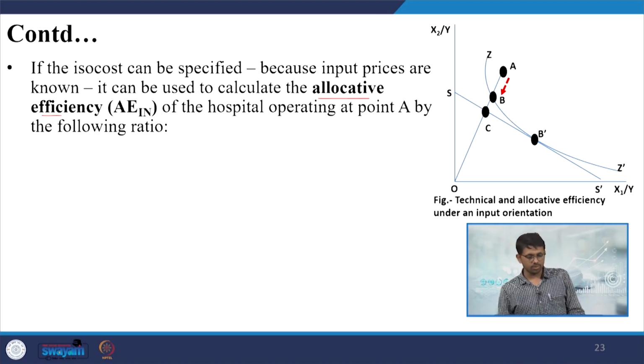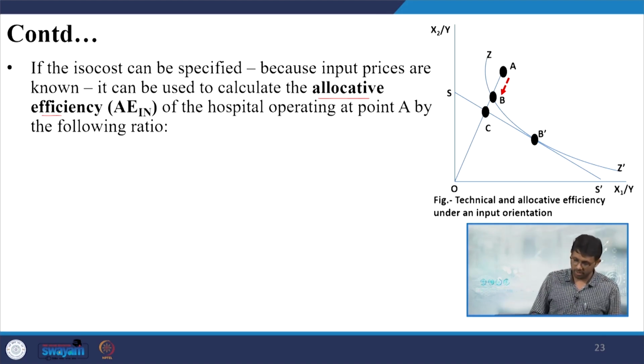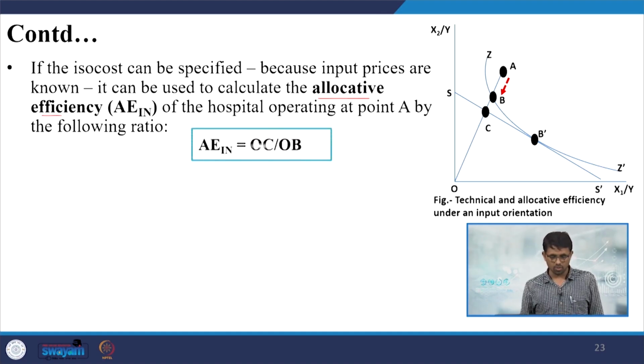Now, in this case, if we are referring to the hospital A or the DMU A, we are referring to point A as follows. So, allocative efficiency through input oriented model is OC upon OB. So, if cost is known for this particular case, the ratio would be actually OC by OB.